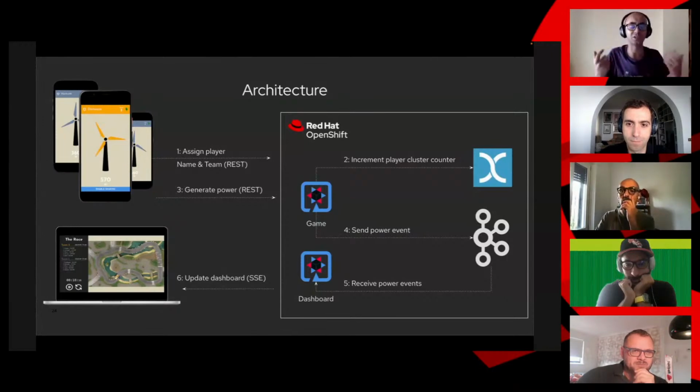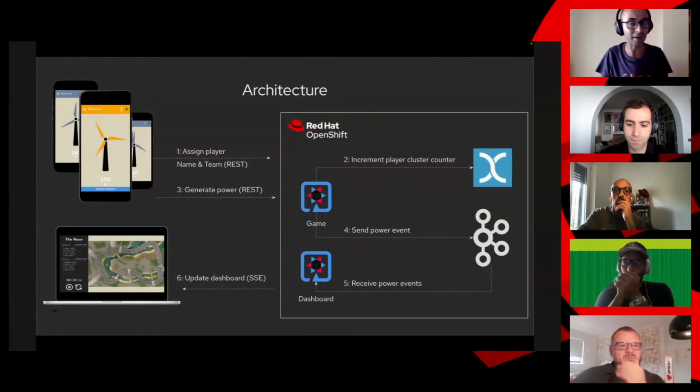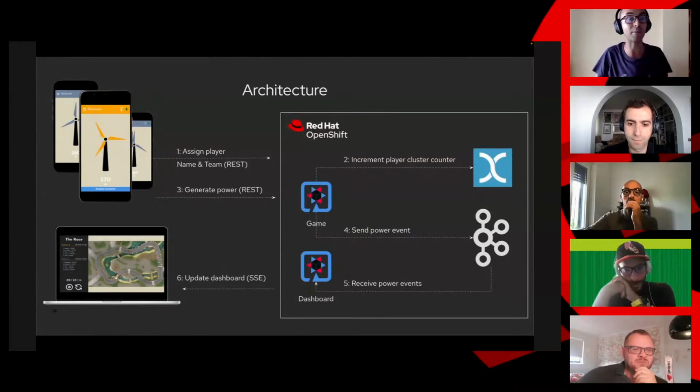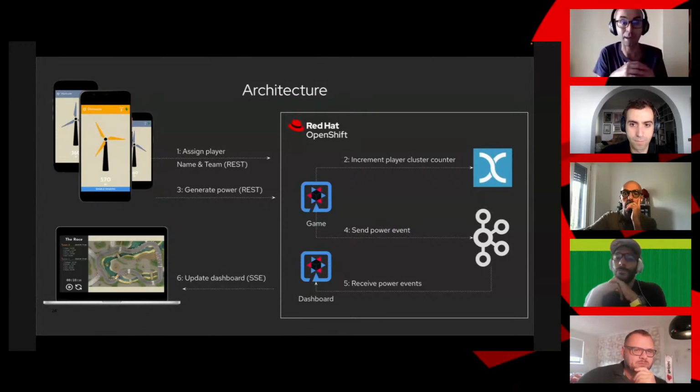Now, this is just a synchronous call, nothing really complicated. But then comes the complicated part: what happens when you start generating power. Every time that you push the windmill, we're generating a REST call to our game backend.